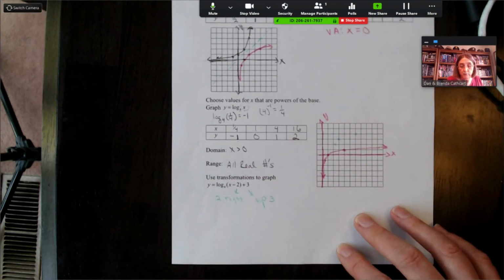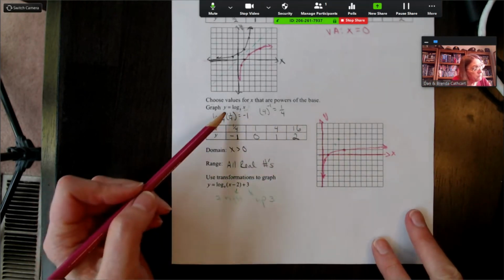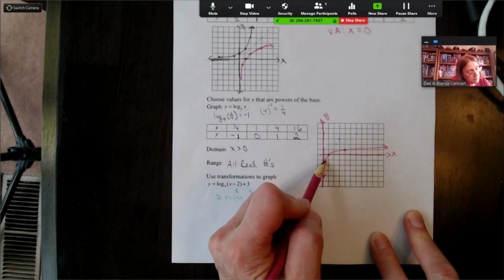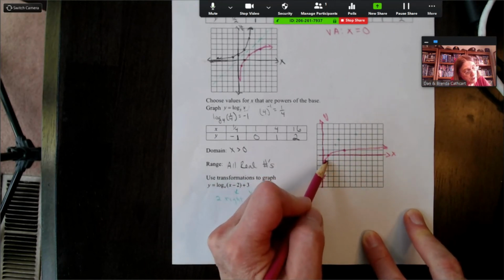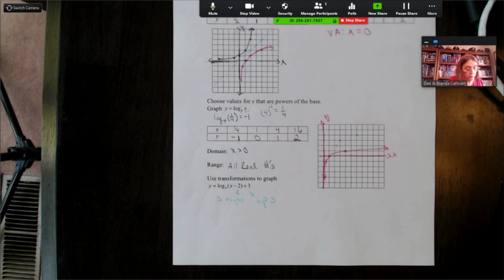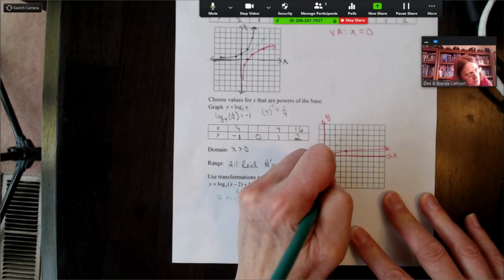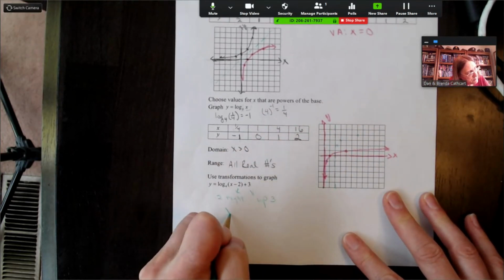Now, our vertical asymptote, remember this graph, our parent function, our graph snugged right up next to x equals 0. Since it's going to be moved 2 to the right, we're now going to be snugged up next to x equals 2. This is going to be our vertical asymptote.